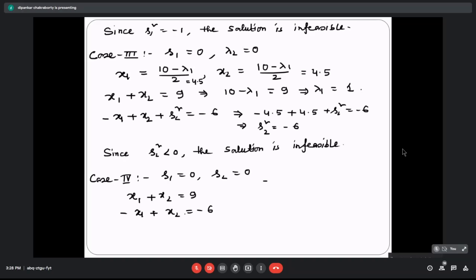If you solve it, x1 will be cancelled out, so 2x2 will be equal to 3, right? So x2 will be 3 by 2, that is 1.5. And x1 will be 9 minus 1.5, that is 7.5, sorry.